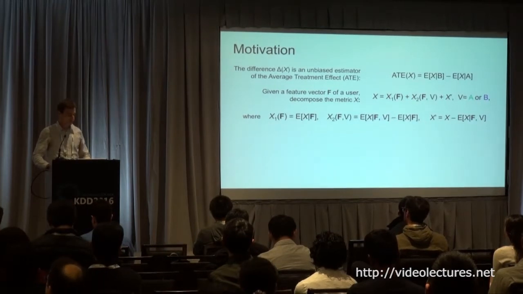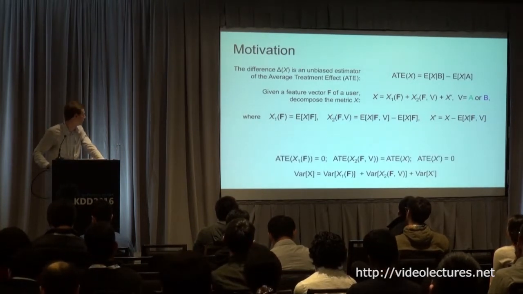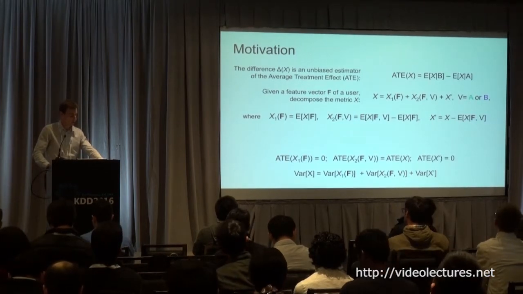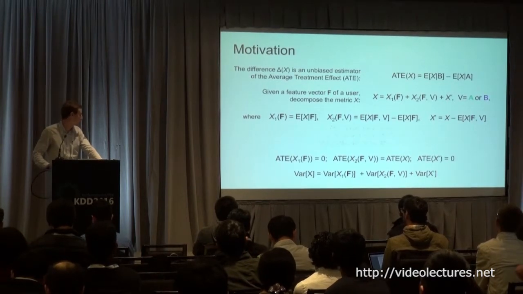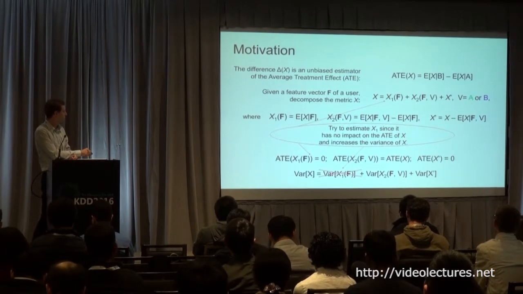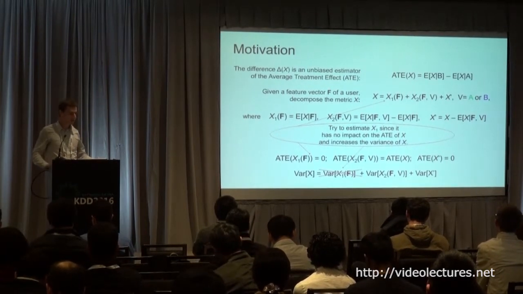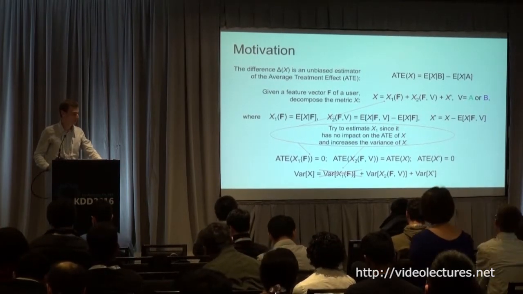By definition, for each term, one can calculate its ATE and its variance, which give us the following identities. We see that the first term has no impact on the ATE, but may increase the variance. We see that it is 0 here, but we can remove it. Therefore, we can try to estimate this component and subtract it from the metric.